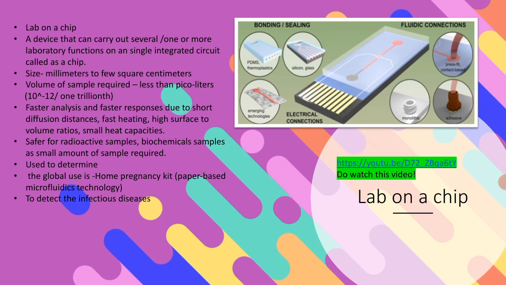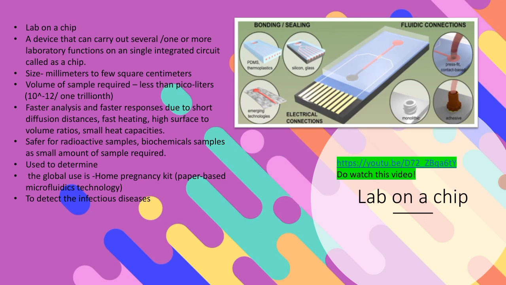Then there are high surface to volume ratios in the lab on a chip, and small heat capacities. Due to such beneficial properties, the lab on a chip is a very unique and important method to carry out tests which cannot be done in the laboratory but can be done using a chip.